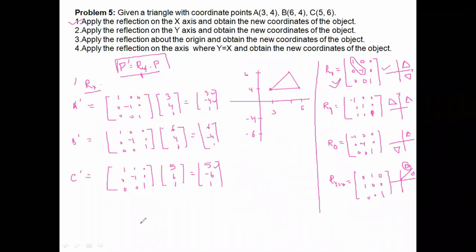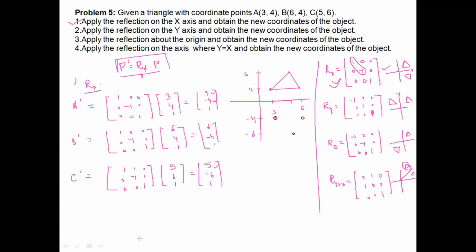So 3 minus 4, this is the point, and then 6 minus 4, this is the point, and 5 minus 6, that is 5 is this and minus 6 is this, so this is the point.